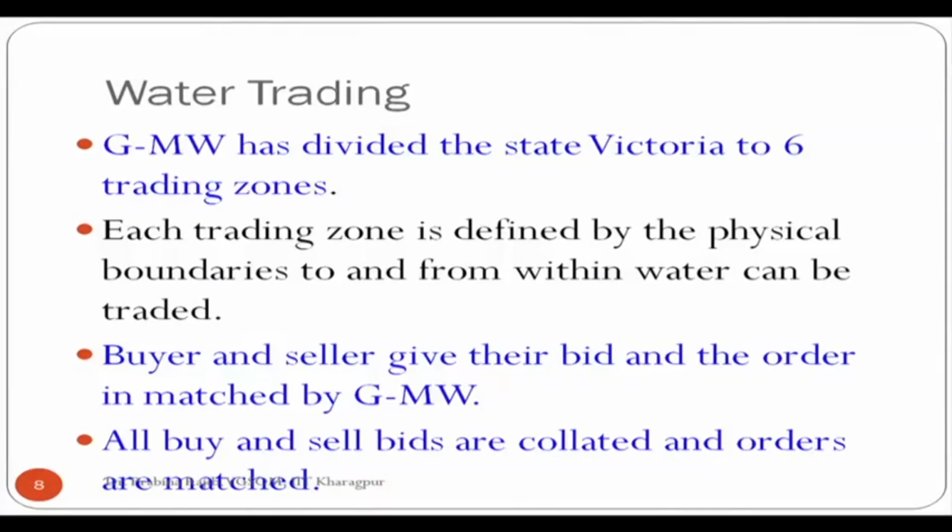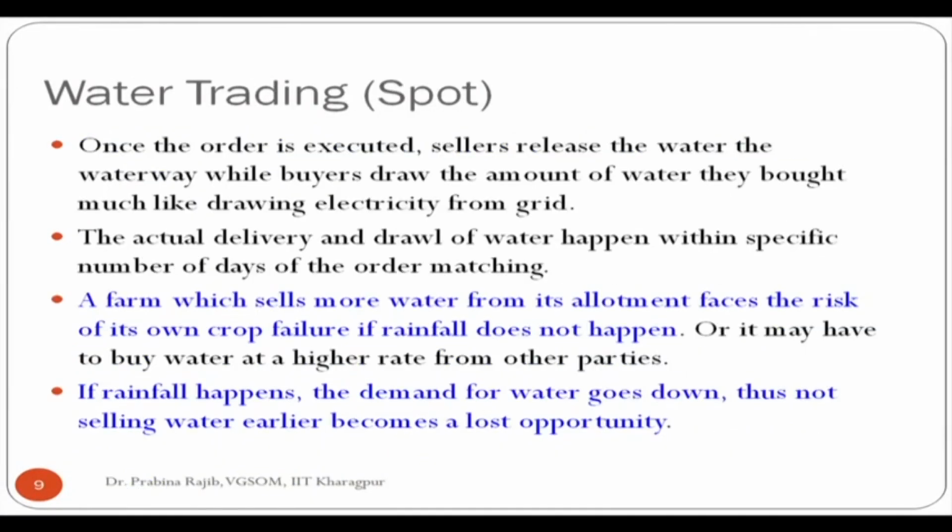Now, what is the risk associated with it? Suppose A has underestimated its water requirement and has already sold water to the counterparty, and the counterparty has already used that water. Then A will face water scarcity and its business operation may take a hit.